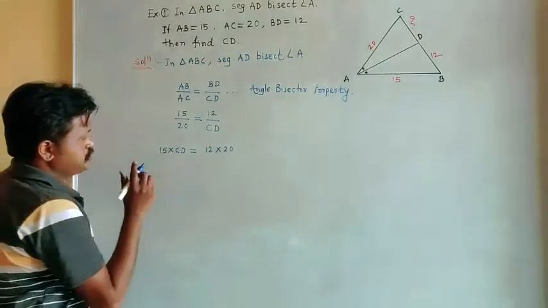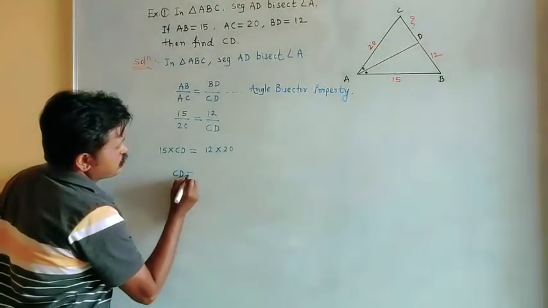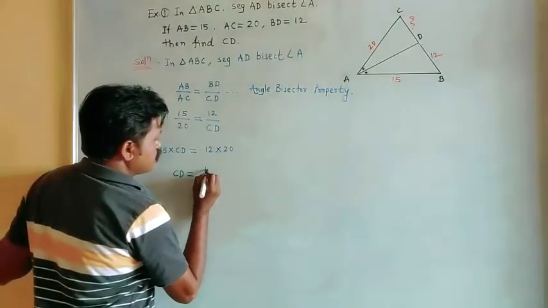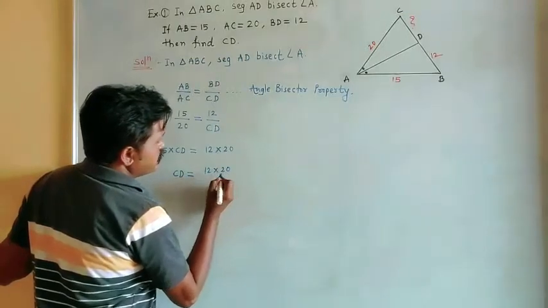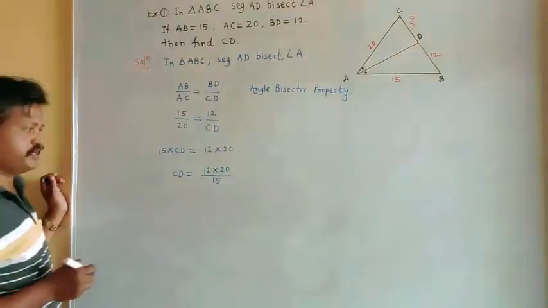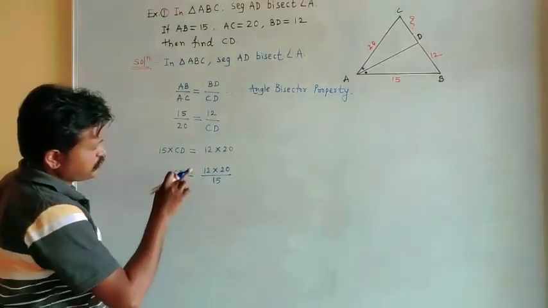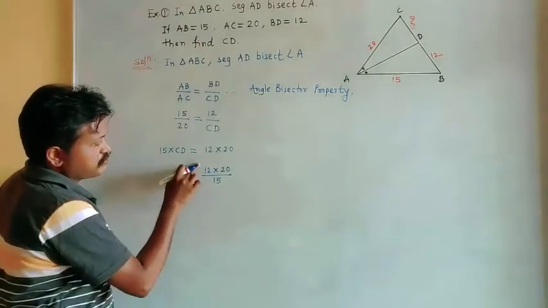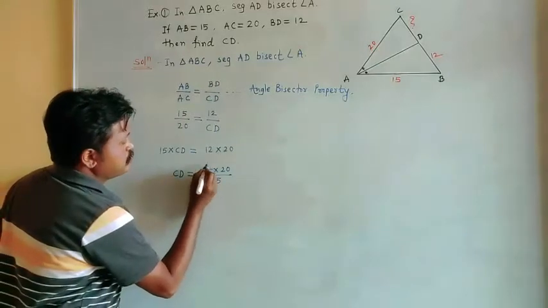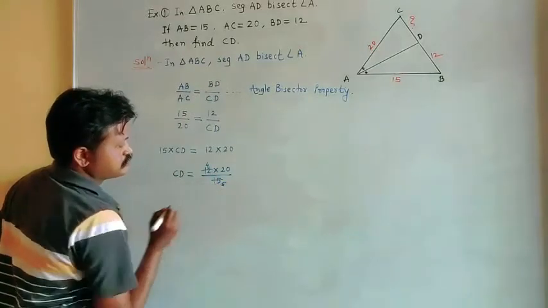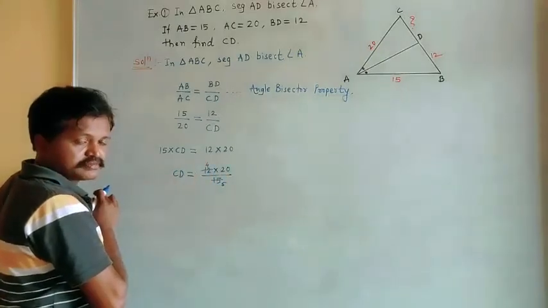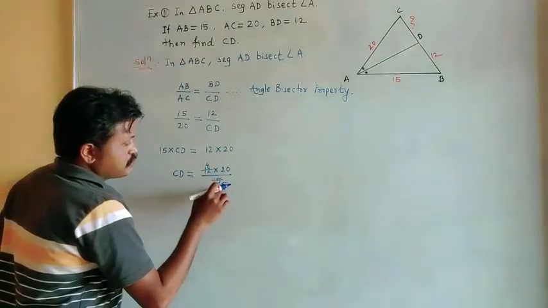We want the value of CD, so CD is 12 into 20 upon 15, since the multiple 15 taken to the other side becomes a divide. 12 upon 15 is a multiple of 3, so dividing gives 4 upon 5.